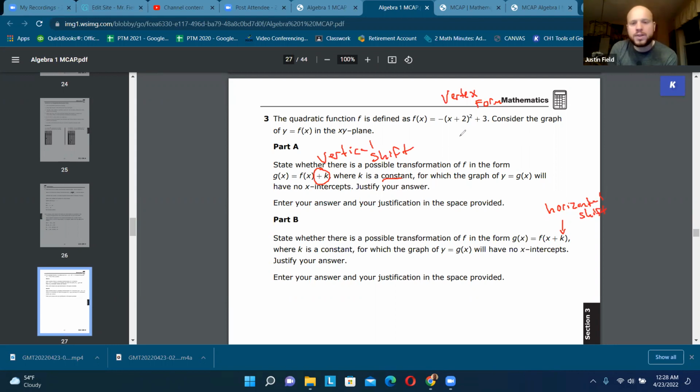And we know in vertex form that the horizontal is right there and the vertical is right there, right? So is there a way, and so we're talking about no x-intercepts. So right now, this graph opens down because of the negative in front. It has a vertex at -2, +3.